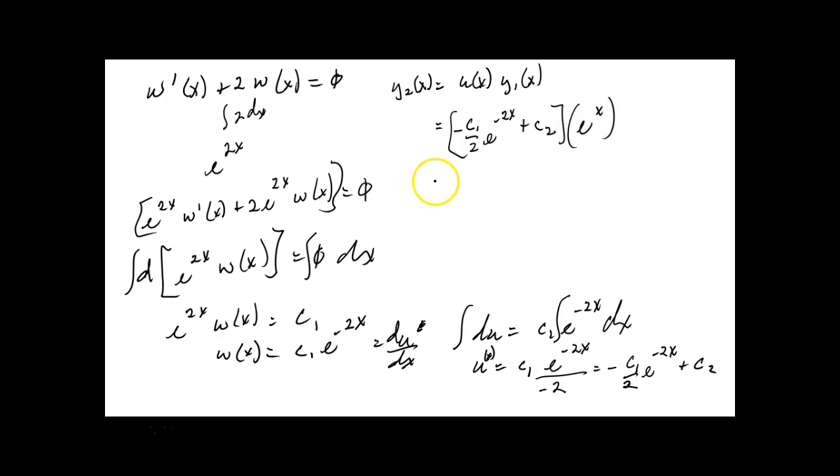Okay, and when you multiply that through, what do you have? You have a minus c1 over 2 e, and this is 1 over e to the 2x, and you got an e to the x in the numerator, so e to the minus x plus c2 e to the positive x.